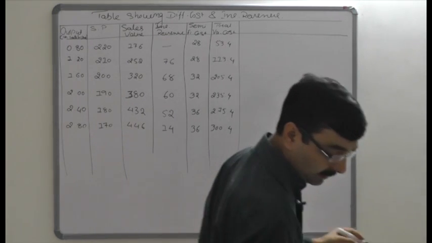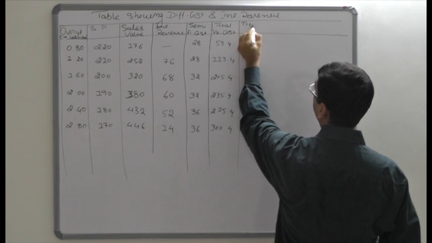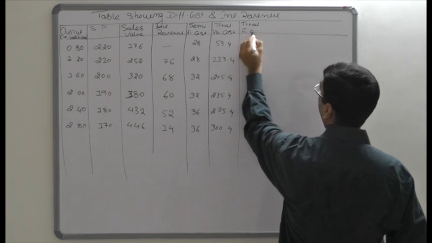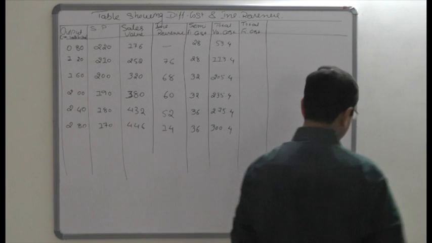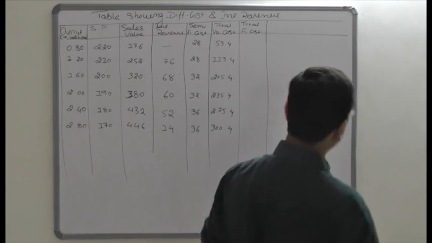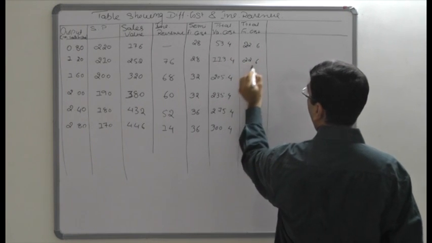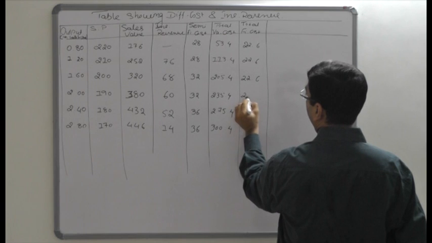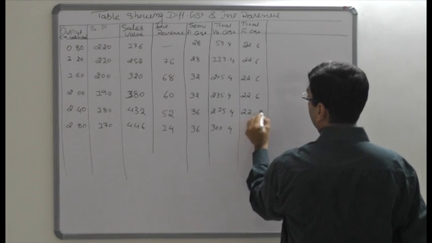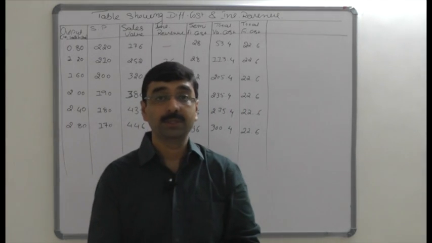And after that, the last is total fixed cost. Total fixed cost is given, and I think it remains the same for all the outputs, that is 22.6, for all the remaining outputs. So this is the information we have in the question.